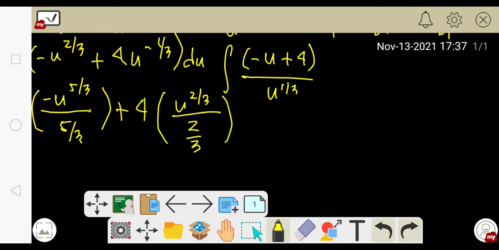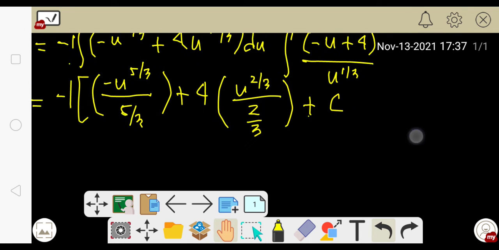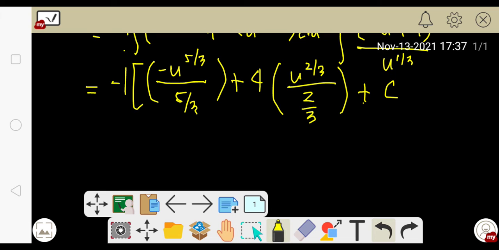Don't forget to add the arbitrary c when you're done integrating.